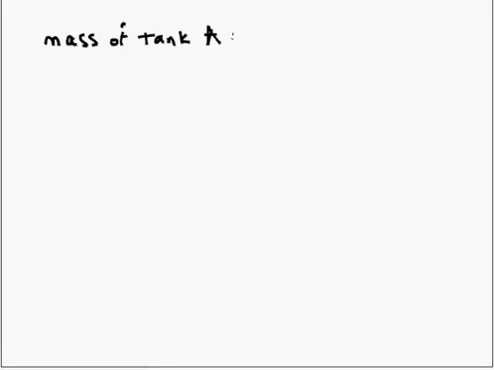Okay, and how am I going to do that? I'm going to use the average specific volume that I just found and the volume of the tank that I'm given in the problem.